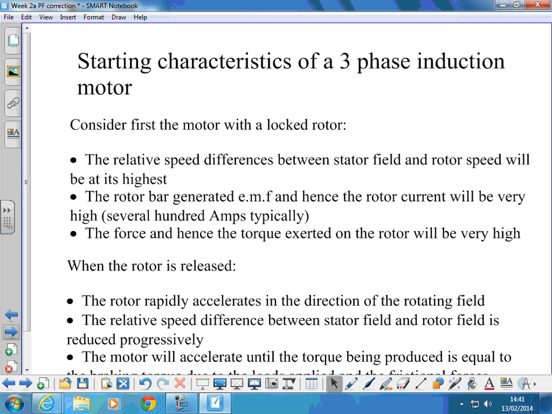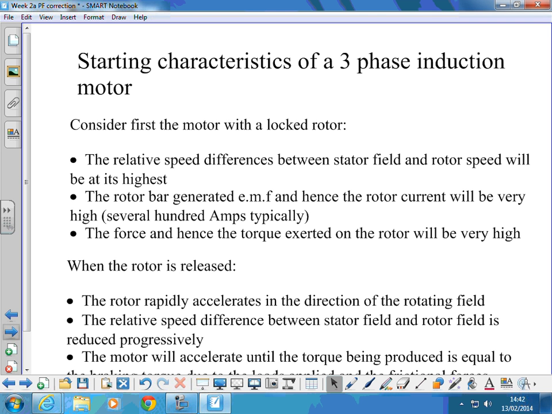We've got this rotating field going round and round, and the rotor's not moving at all. We're going to cut the conductors as fast as we possibly can, induce the biggest voltage we possibly could, and therefore a very high current in a rotor. It's going to get very hot very quickly. The rotor bar generated EMF, and hence the rotor current, will be very high, several hundred amps typically.